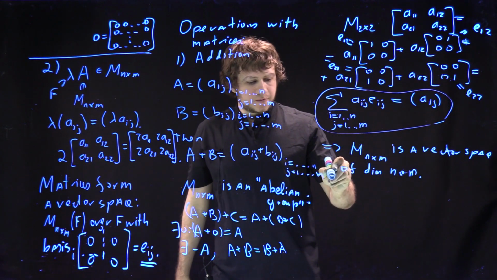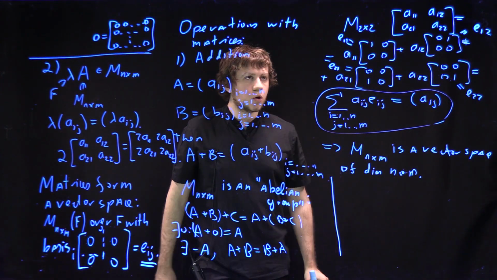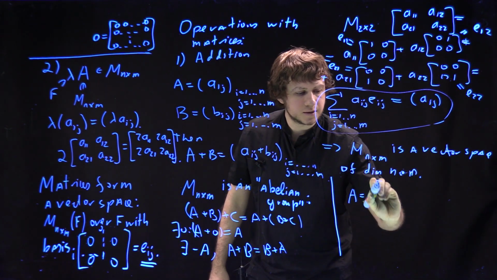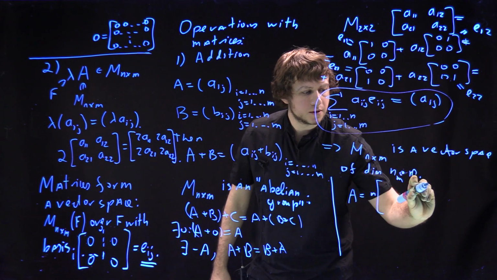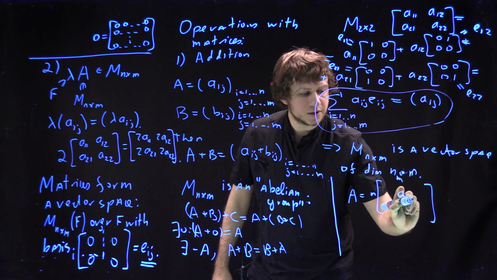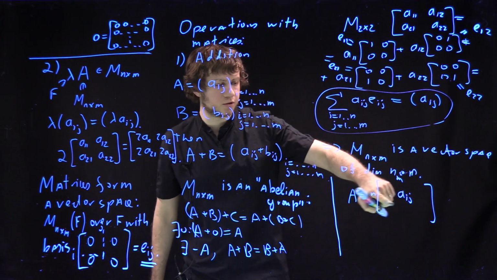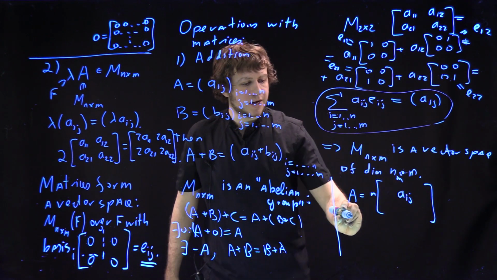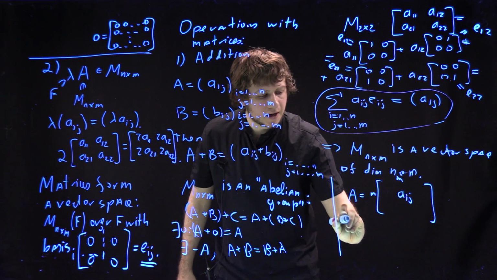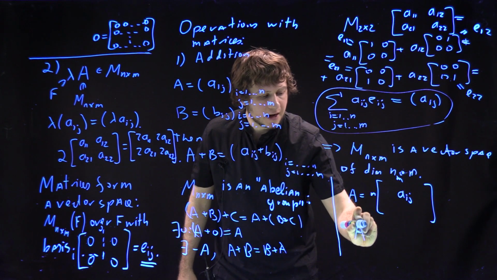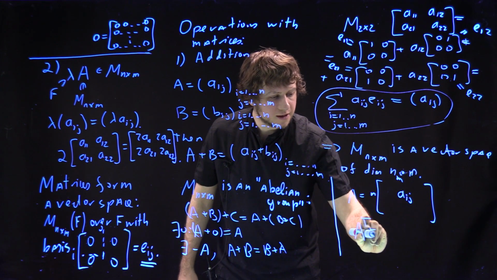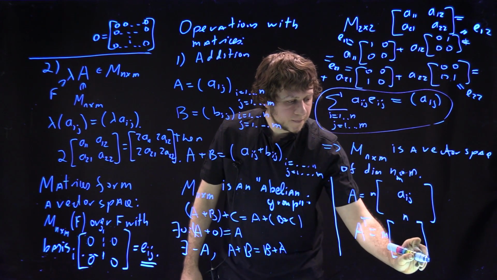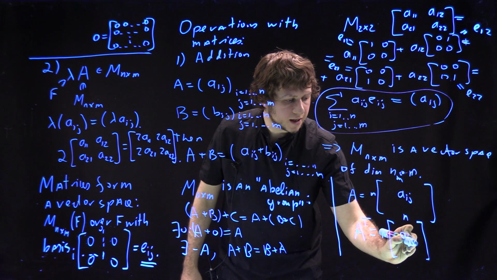Okay, so what other things can we do? If you have a matrix A, which is this n times m matrix Aij, this is another way to write it, where Aij is the typical term. This is the usual A11 up to A1m, and so on, up to Anm. Then you can define the transposition of a matrix. A transposed, called AT, is a matrix of size m times n, and I will denote its terms by Aji.